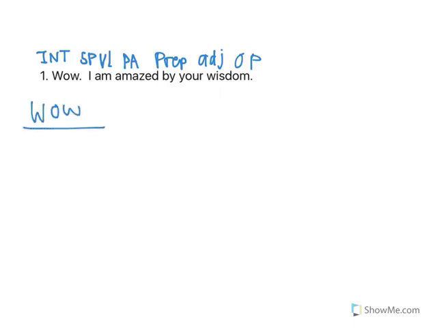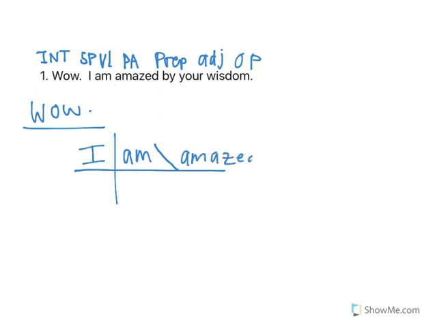Remember, we diagram our interjections just separate from the sentence and above. Subject is I, and our verb is going to be am. Remember how we diagram a linking verb. This slanted line signifies that this word is pointing back to the subject.